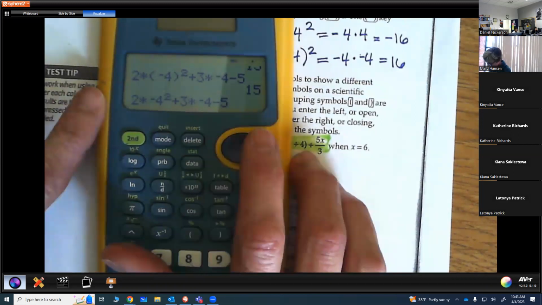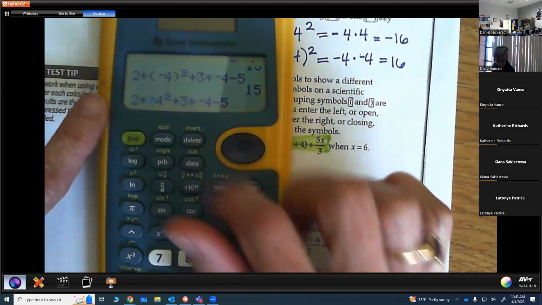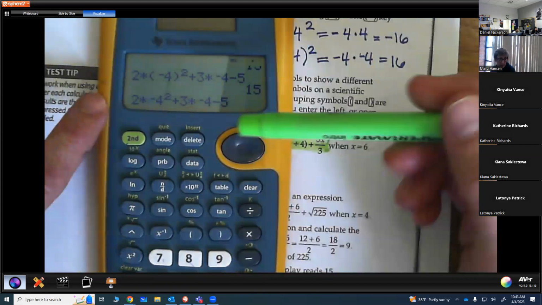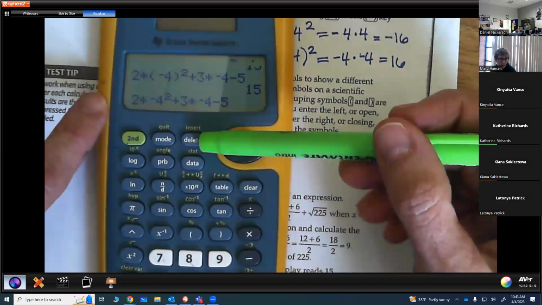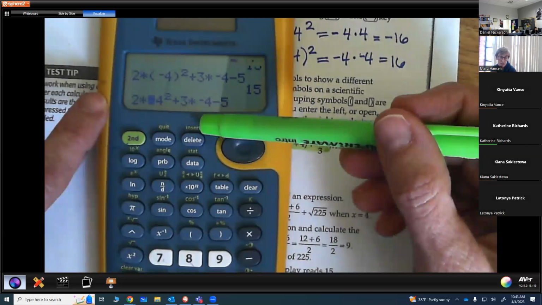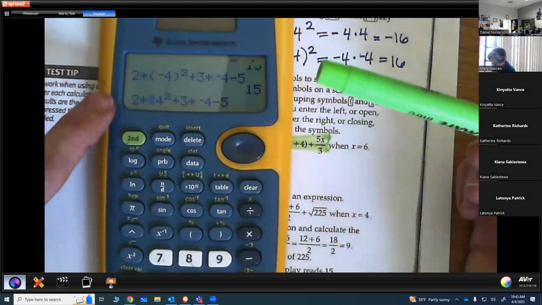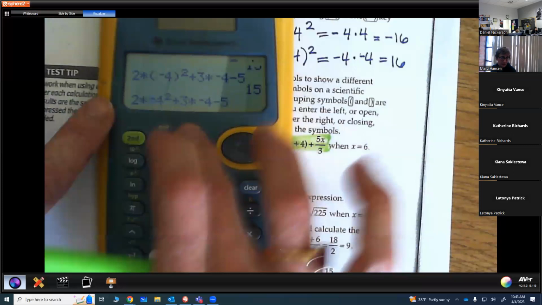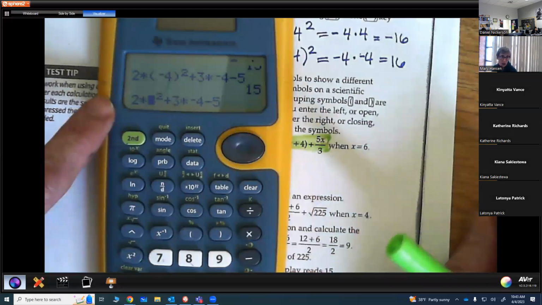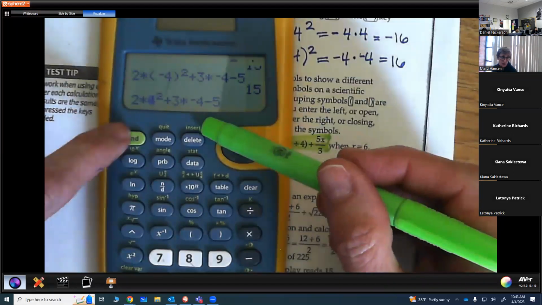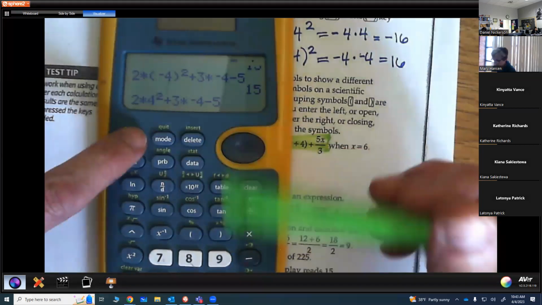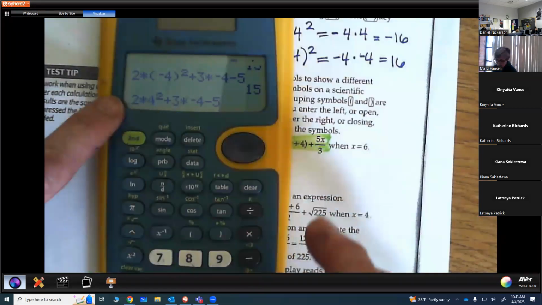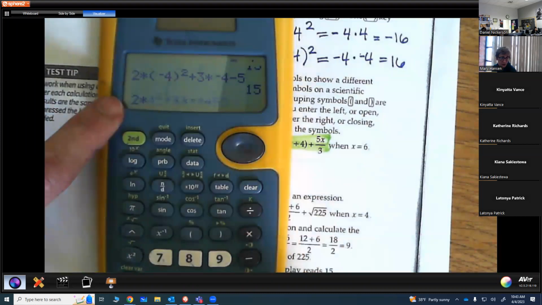Above the delete key, it says insert. So I could delete something if I wanted to. I could delete that negative. And then since insert is in green above the delete, I push the green second key and then the delete, and it will allow me to put it back in.